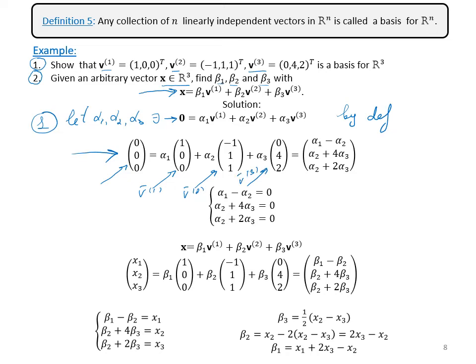They are given. Then let's perform some calculations and we will get this vector. Now we should find alpha 1, alpha 2 and alpha 3 and see what solution this system has.